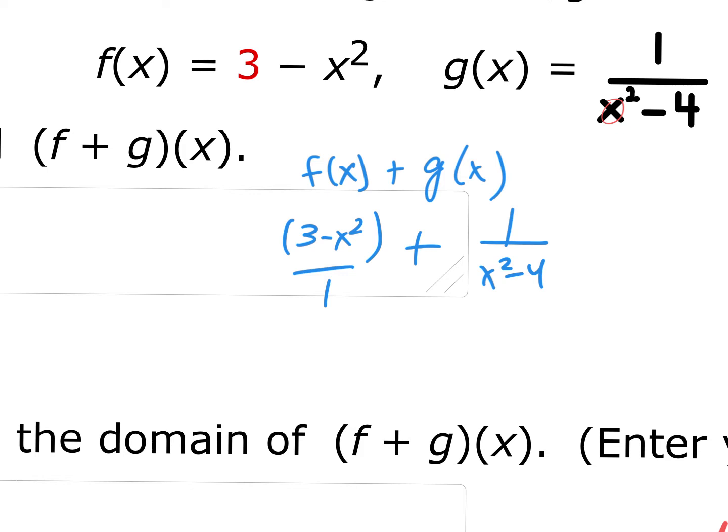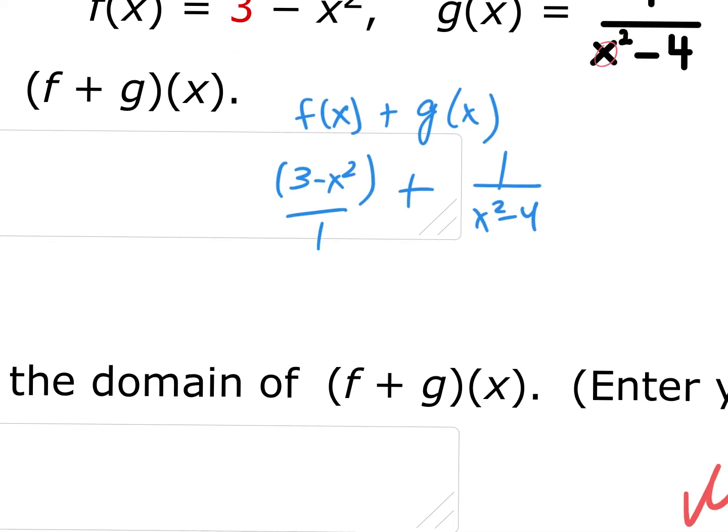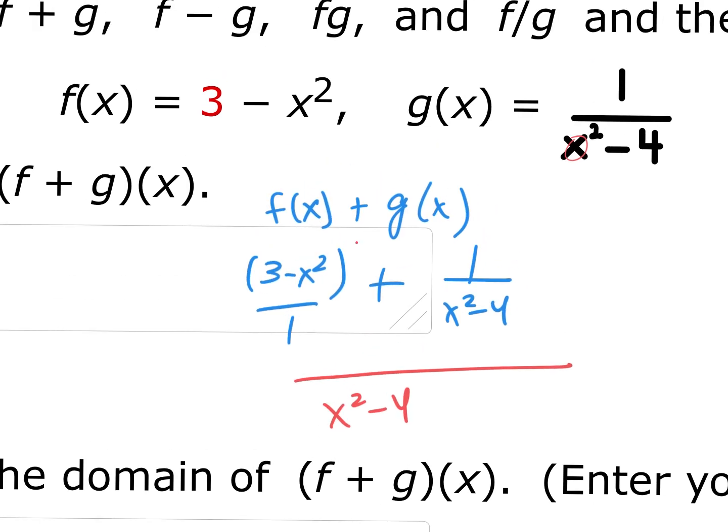If we were to get a common denominator, what would your common denominator be? x squared minus 4. Your first fraction, 3 minus x squared, we have to multiply by x squared minus 4, correct?